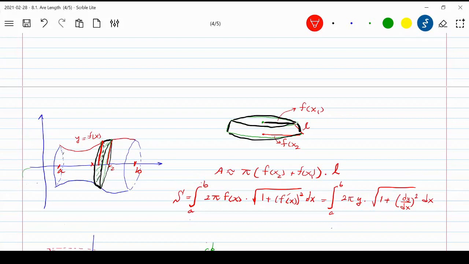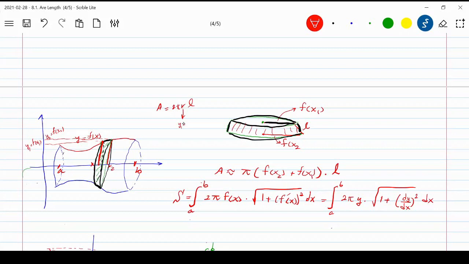So one would be y1, which is f of x1, and the radius of the other circle would be y2, which is exactly the same as f at x2. So if you remember, the area of the cone would be 2 pi RL, where R is simply the average of the radiuses.